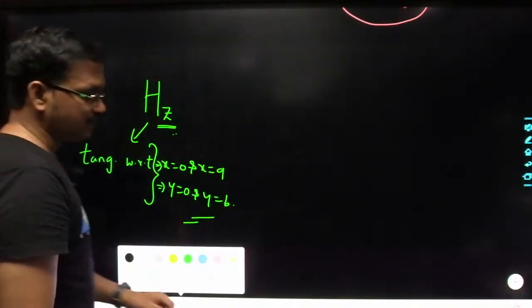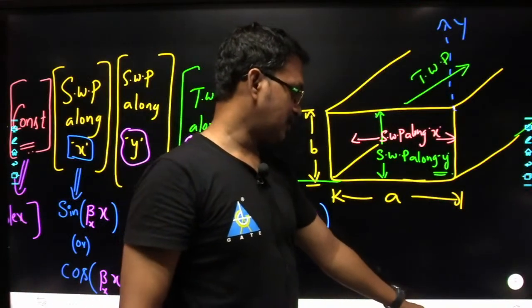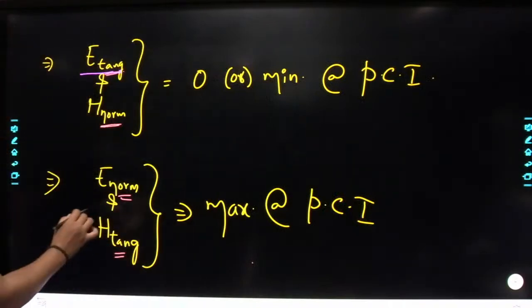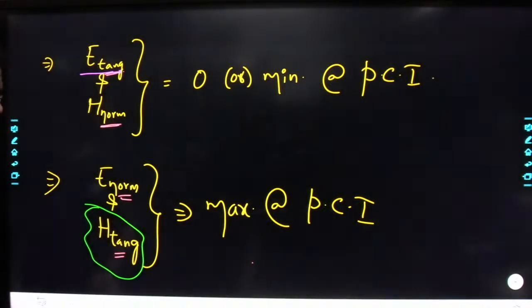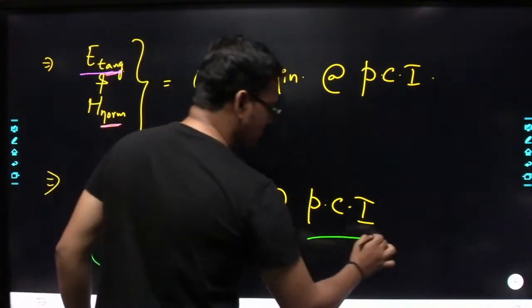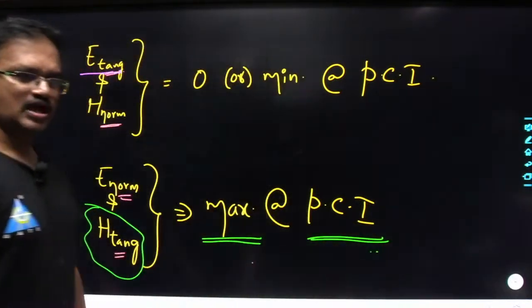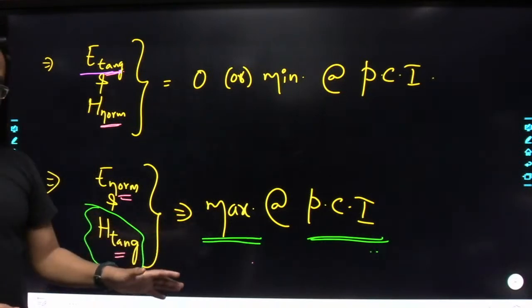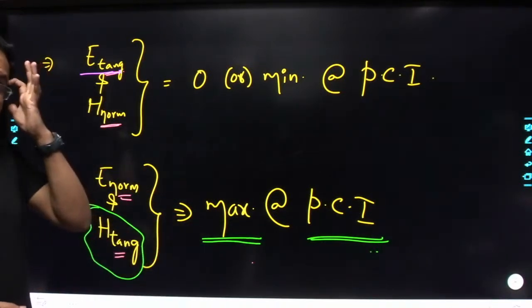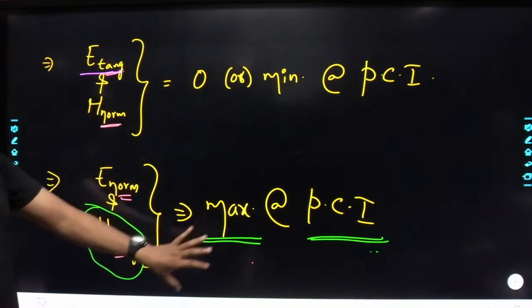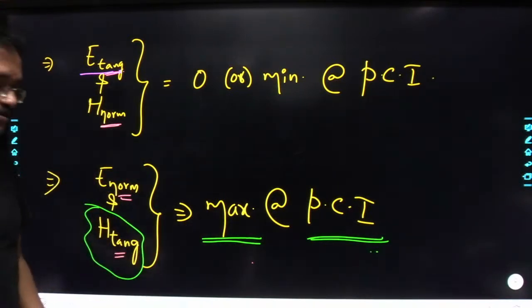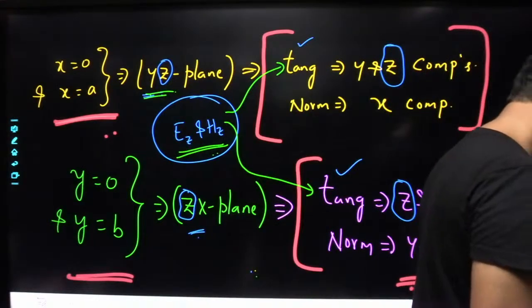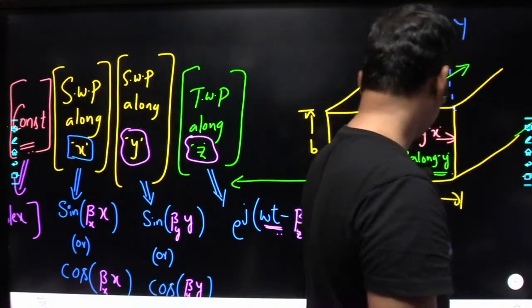And we know from the boundary conditions that the tangential component of magnetic field must be maximum at the perfect conducting interface. Must be maximum means it should not be 0 at the perfect conducting interface. It is non-zero there.